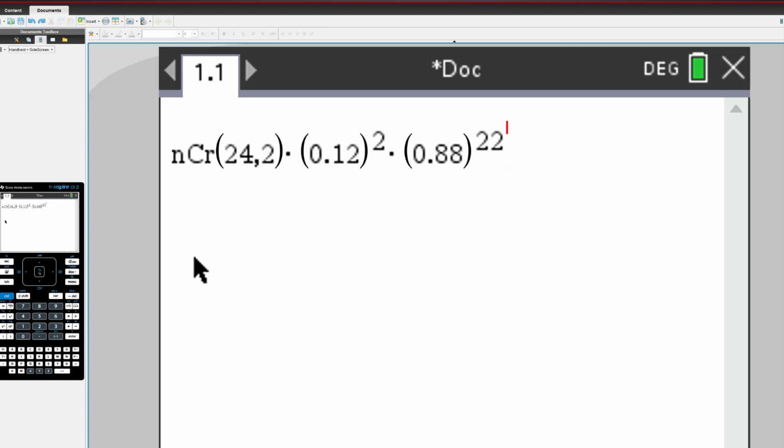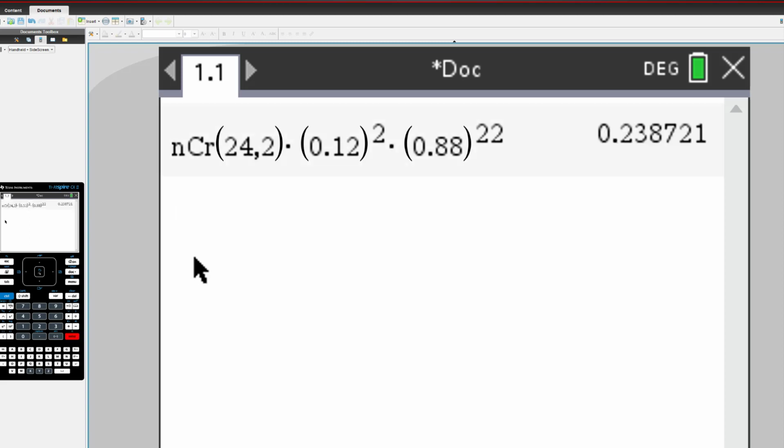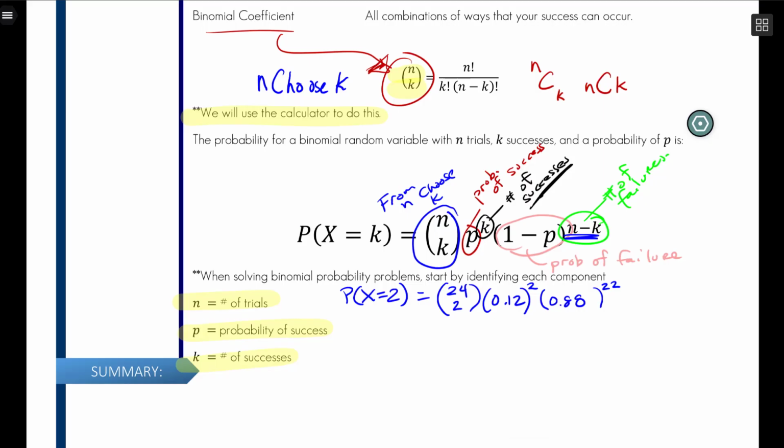So from 24 choose 2, we take 0.12 raised to the second power times 0.88 to the 22nd power, and look at that, we get 0.2387. If we round that to 3 sig figs, that gives us 0.239 probability, or a 23.9% chance of having 2 parts in a batch defective.